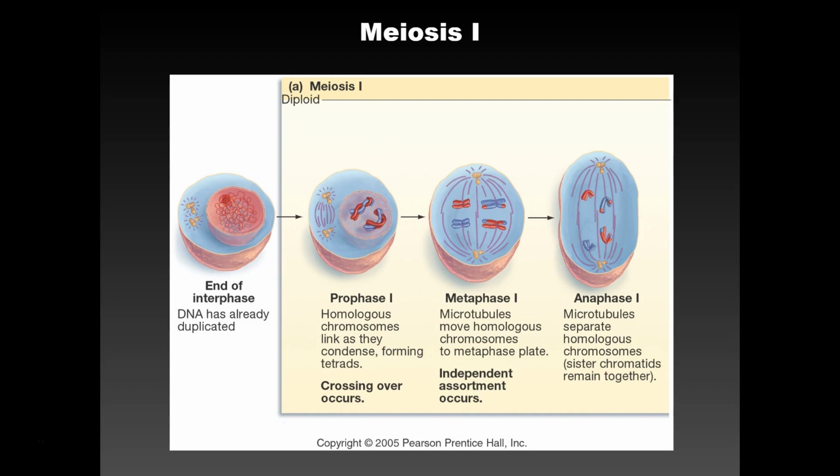In crossing over, they're going to be exchanging little bits of genetic information with one another. As you can see here, this chromosome has a little piece of red on it, and this chromosome has a little piece of blue on it. That's the process of crossing over. They're going to line up here on the metaphase plate, and then during anaphase, they're going to separate from one another.